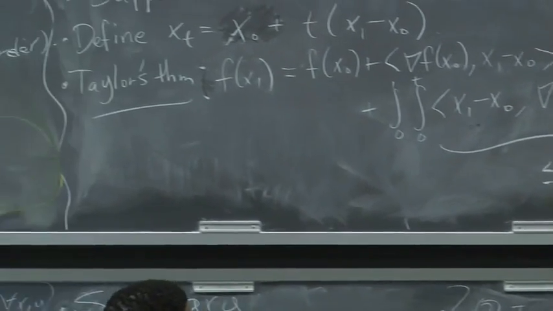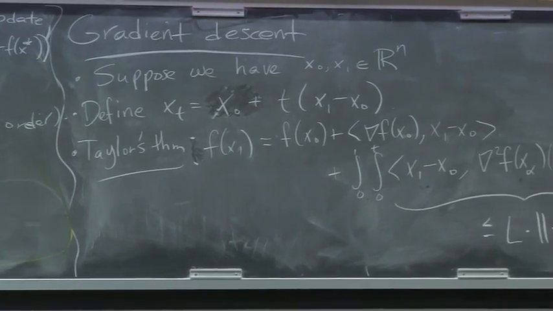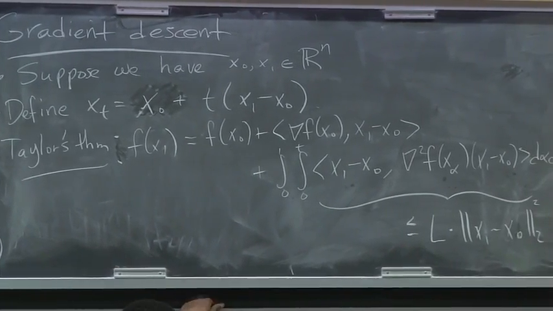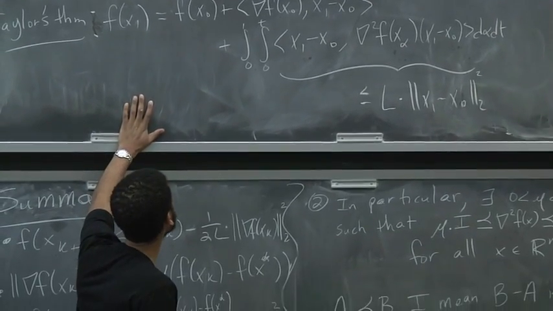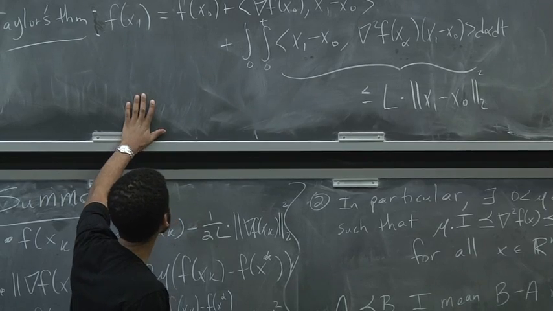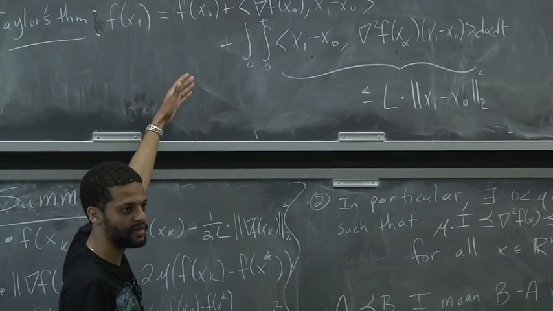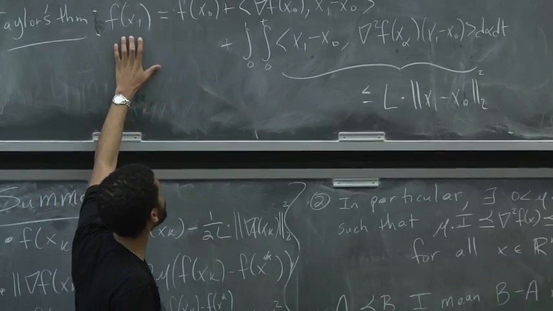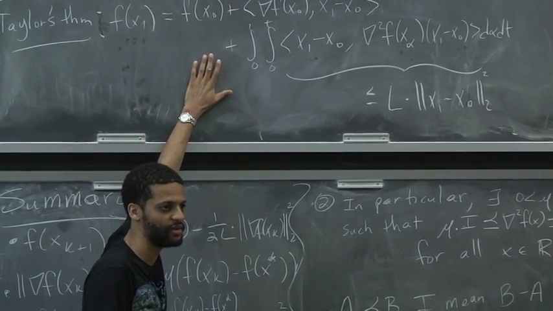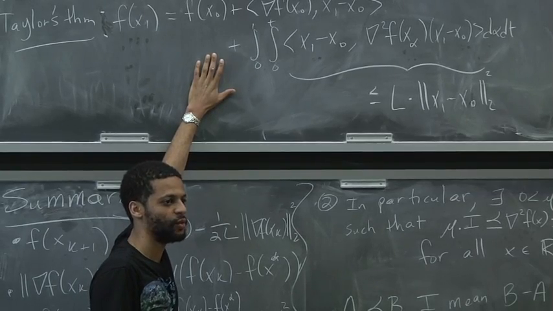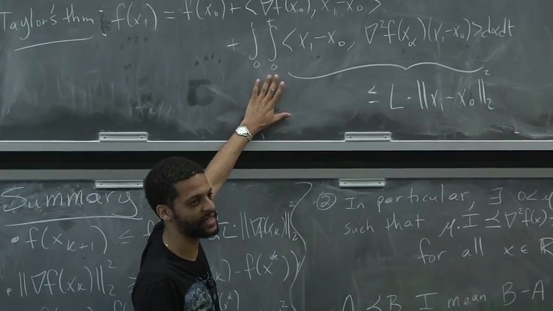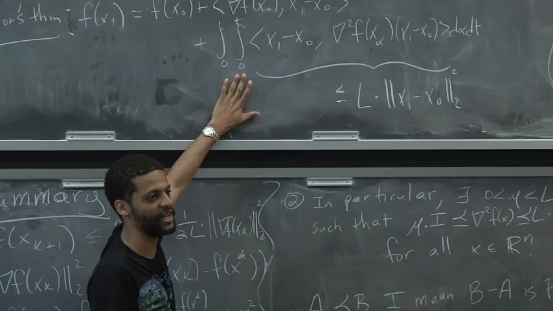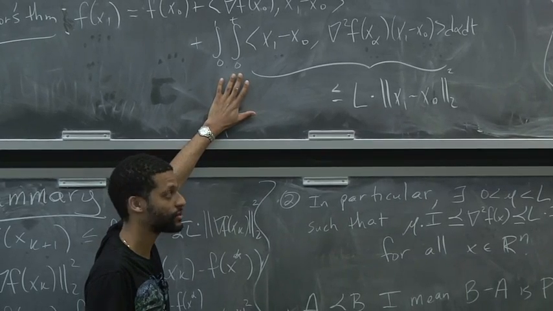Oh, here? Yeah. Oh, I mean, so I just wanted to tell you where gradient descent comes from. The place where gradient descent comes from is writing down f of x_1 in terms of f of x_0 using Taylor's theorem with an explicit remainder. And then upper bounding the right-hand side using the information you have about the Hessian. Right?